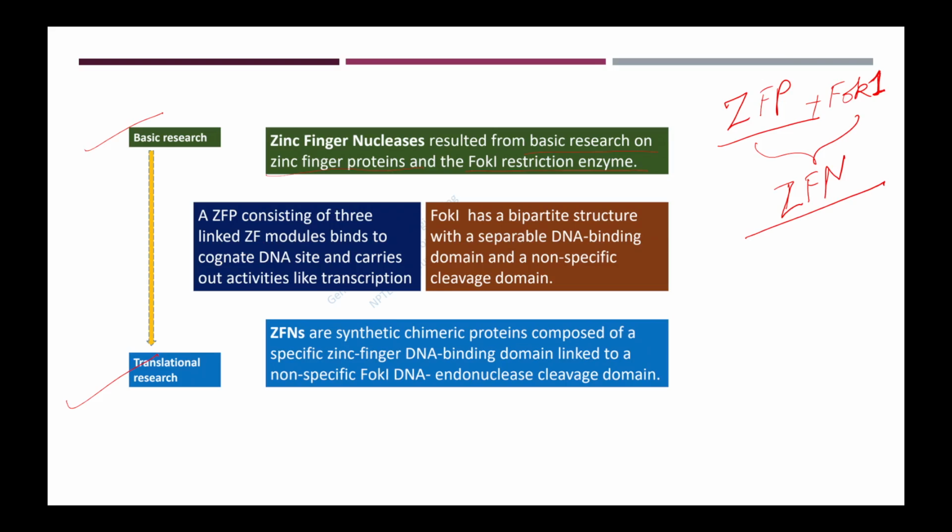As read in the paper, transcription factor 3A works as a transcription factor because it binds to the DNA. And FokI has a bipartite structure with a separable DNA binding domain and a non-specific cleavage domain. So zinc finger nucleases are synthetic chimeric proteins composed of a specific zinc finger DNA binding domain linked to a non-specific FokI DNA endonuclease cleavage domain. These are the zinc finger nucleases, which you can exploit for your particular desired genome editing.